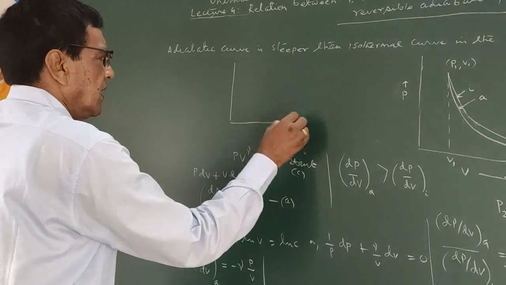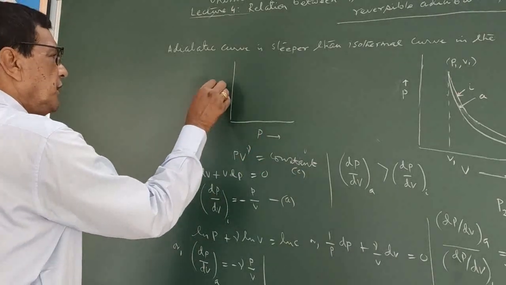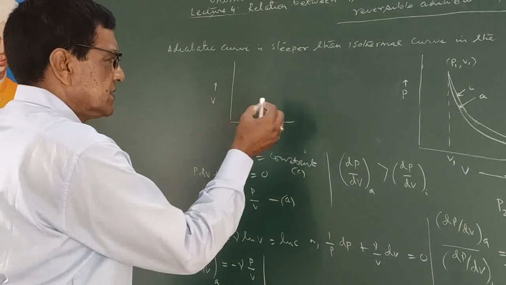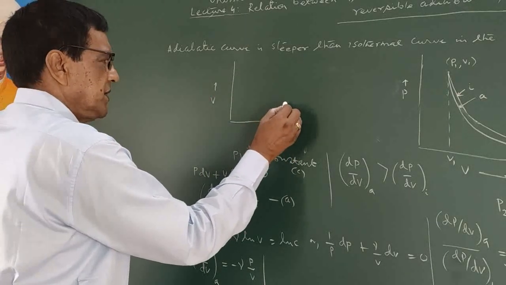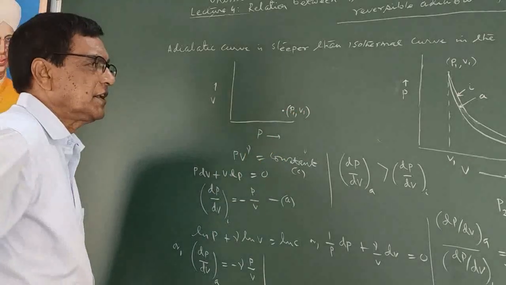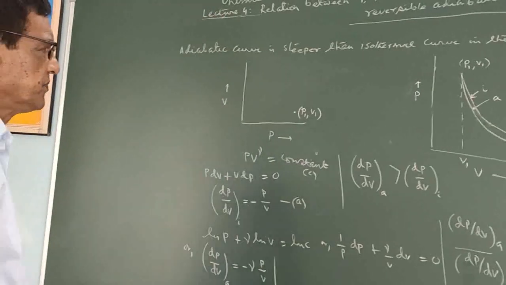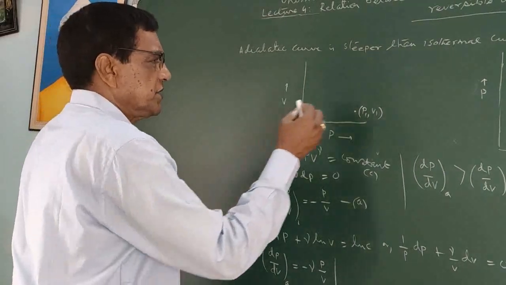Suppose side by side I write P and V, and the starting point is the same, P1 and V1, and volume is increasing and pressure is decreasing.